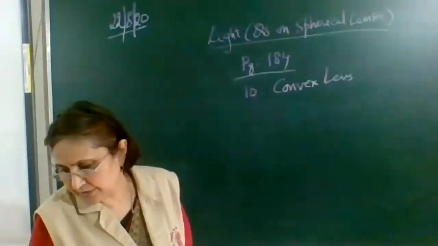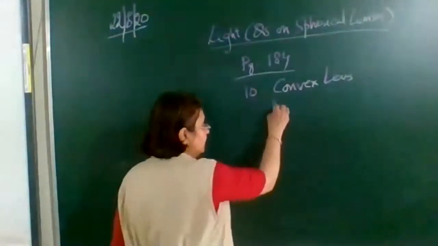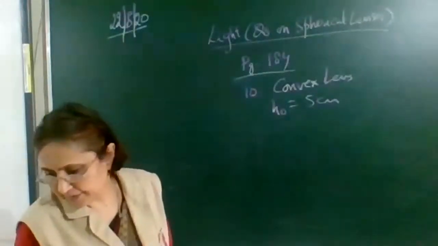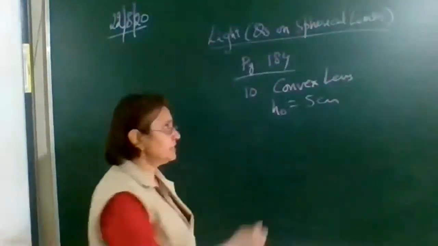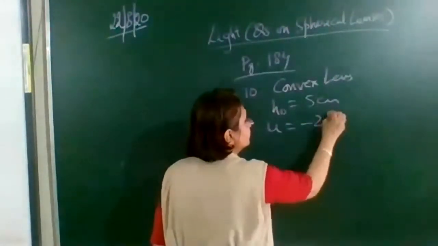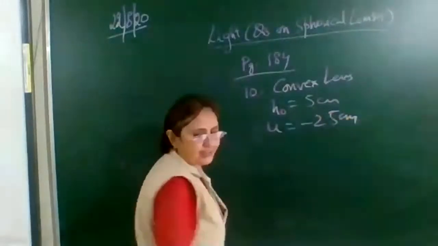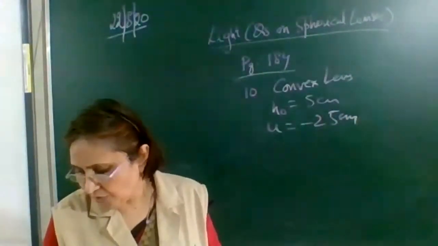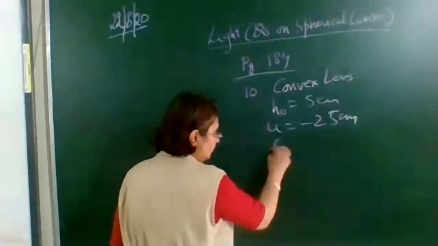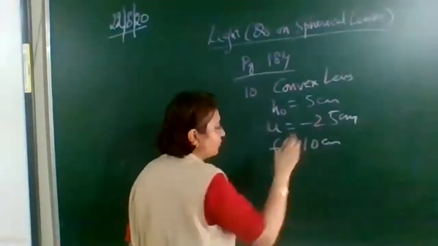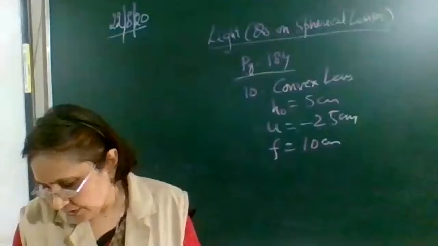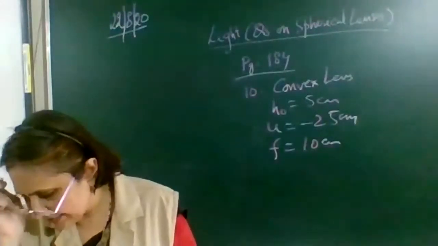An object 5 centimeters in length, so the height of the object is 5 centimeters, is held 25 centimeters away. So u distance is minus 25 centimeters, of focal length 10 centimeters. As it's a convex lens, the focal length is positive. Now here you have to find out the position, size and nature of the image.